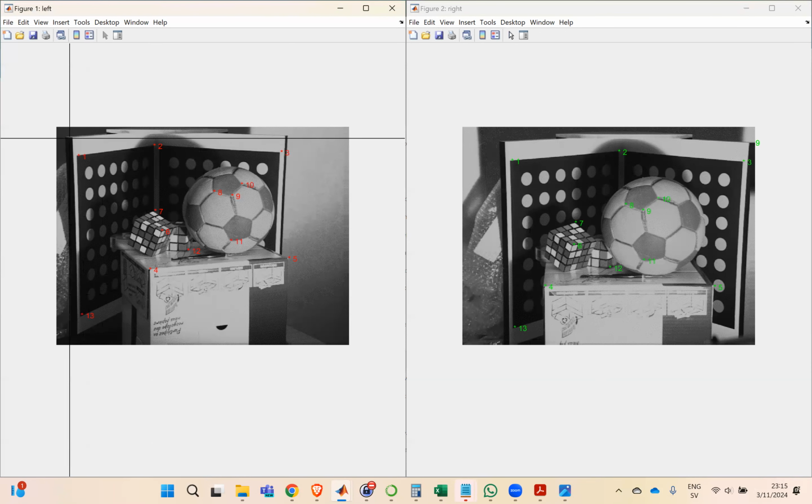Where can I click? I can click here. 14, 14.